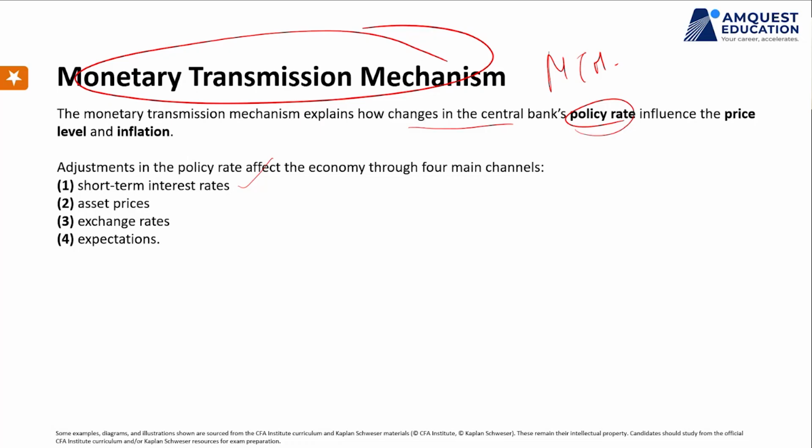Now let's come to the second one, asset prices. If there is a change in the interest rate, even asset prices change. How? Simple. It affects the underlying asset on which the demand or supply is increasing or decreasing. That is called asset price change. Sometimes there's a fall in interest rate, so more people will borrow money.